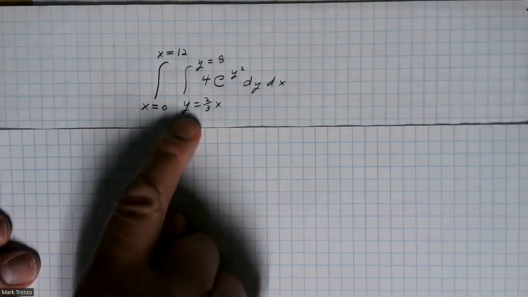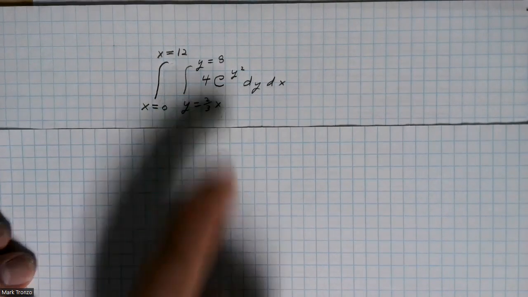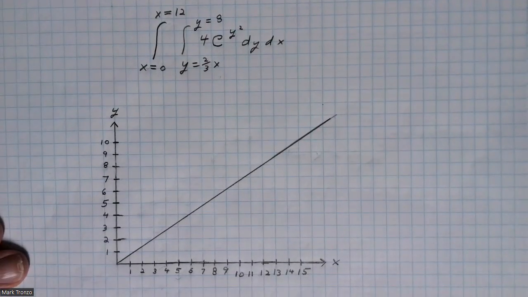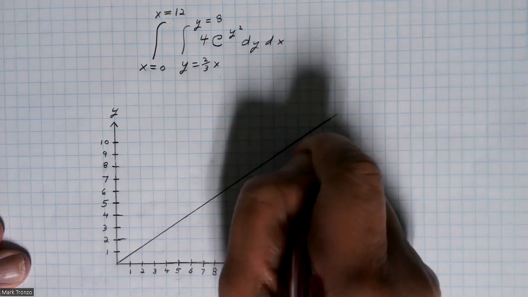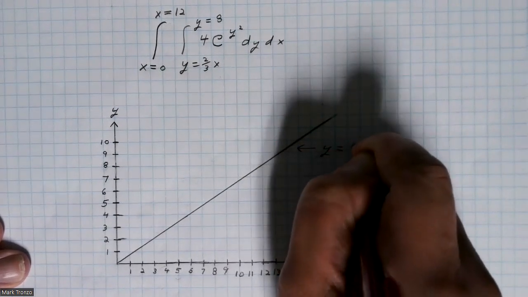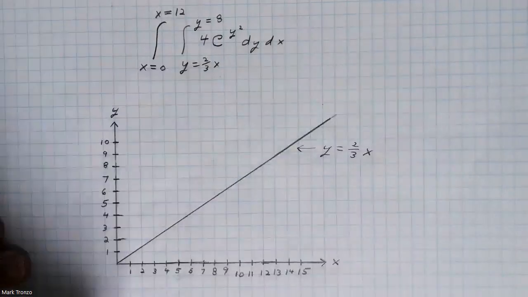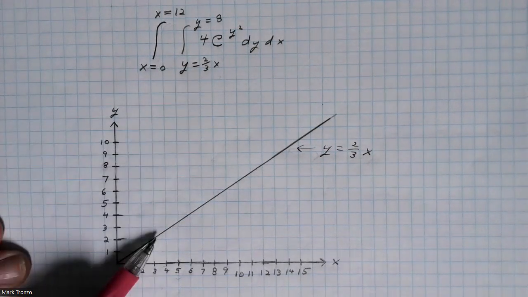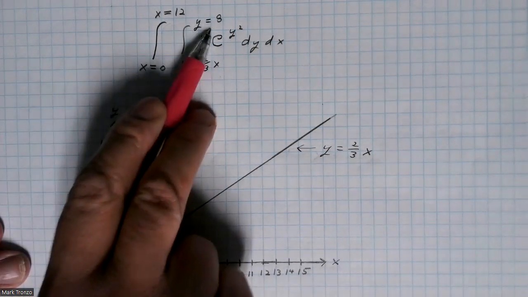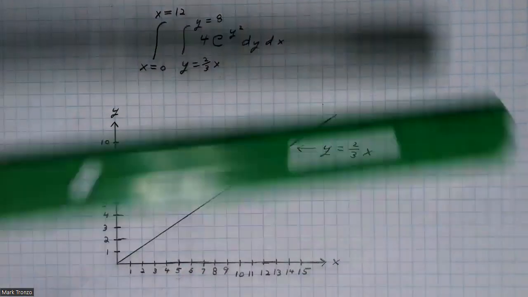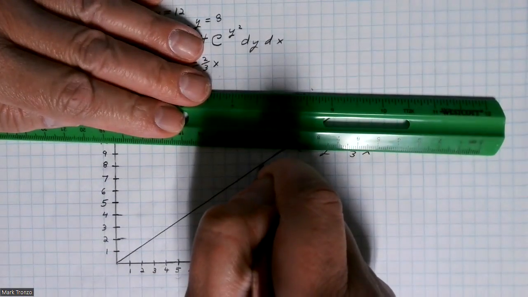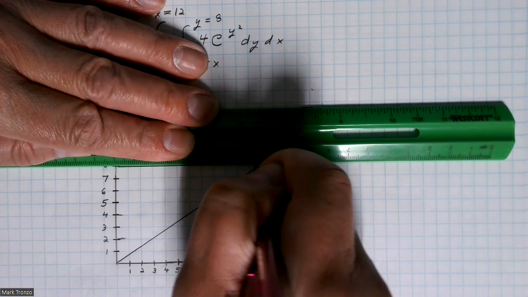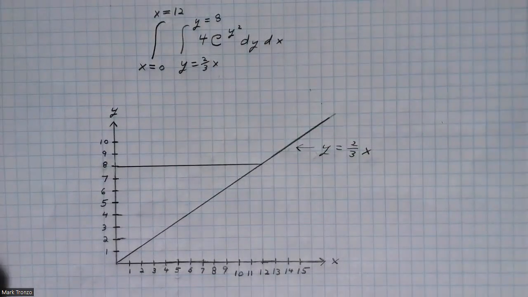Let me draw this line, y equals 2/3 x, like this. That's going to be the lower bound. Then we're integrating up to this one, y equals 8.